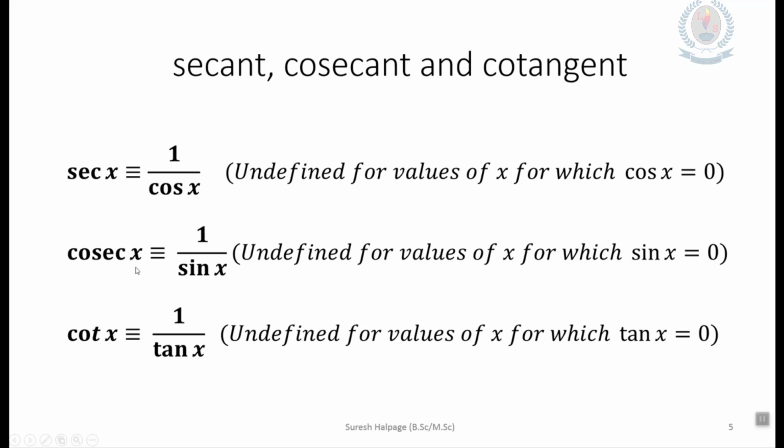Cosec x is identical to 1 divided by sin x. Cot x is identical to 1 divided by tan x. Cot x is the reciprocal of tan x.